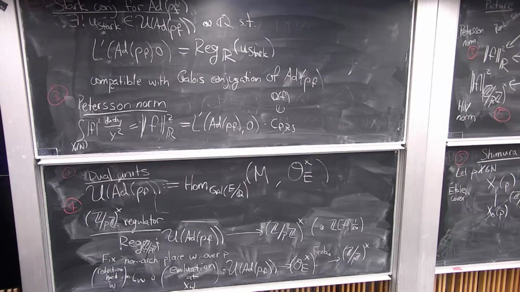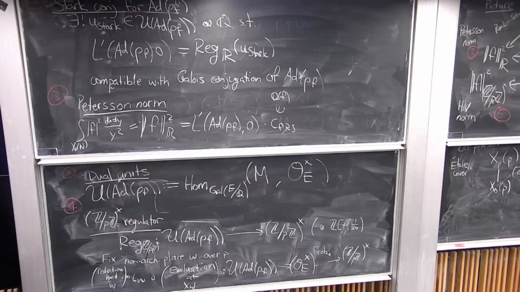And then I can use Serre duality to view an element of H1 as the Hom space on H0, Hom of H0 of X0(p) base change, Omega 1, to Z mod pZ cross.